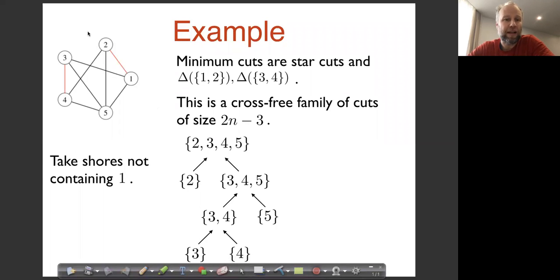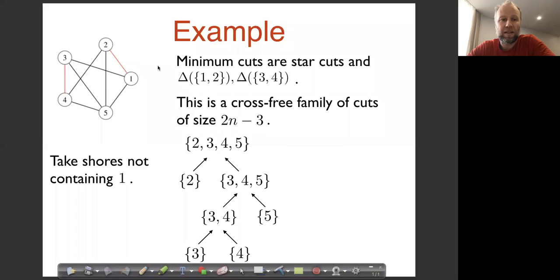So again, if we go back to our running example here, the minimum cuts are all the star cuts, and 1, 2, and 3, 4. So if I write all the shores as sets not containing 1, so basically the star cut corresponding to 1 becomes the set 2, 3, 4, 5. Then we have the star cut corresponding to 2, 3, 4, 5.